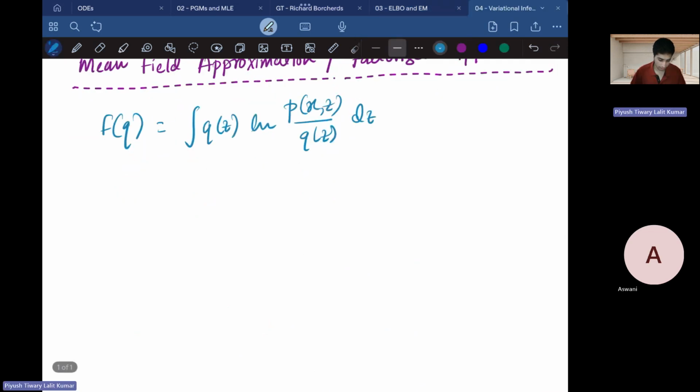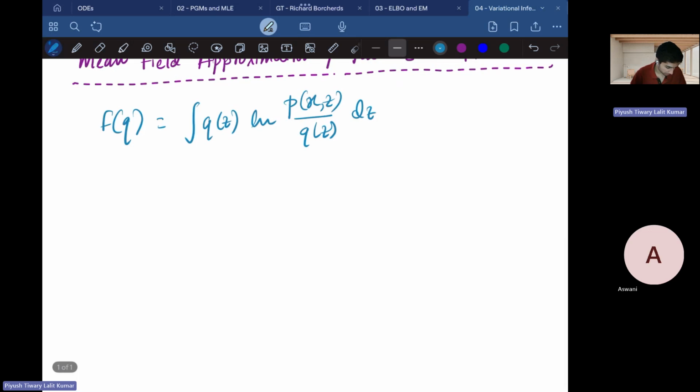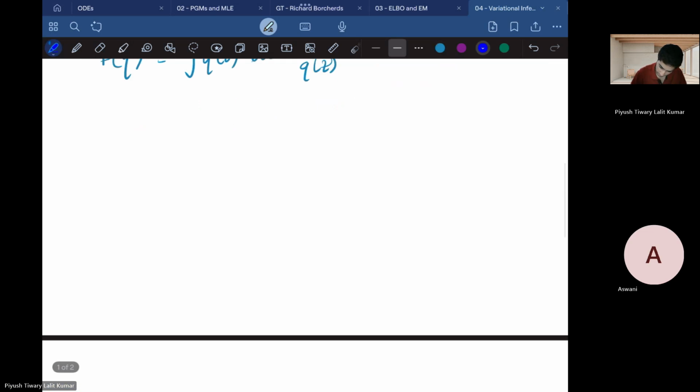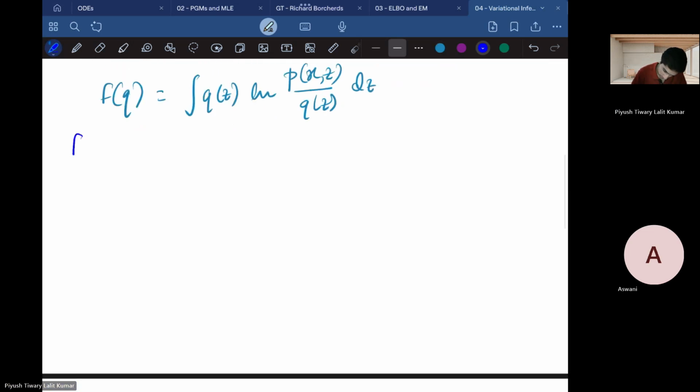In that case, here is the factorized approximation. I will write it down.